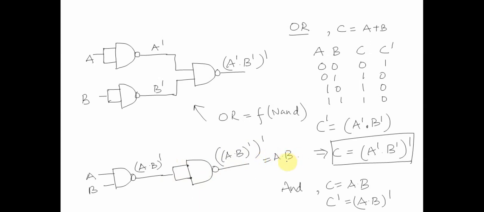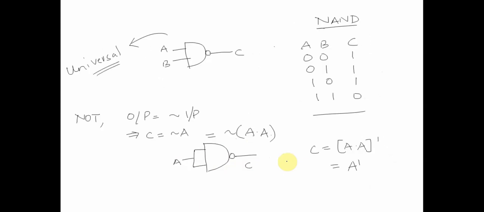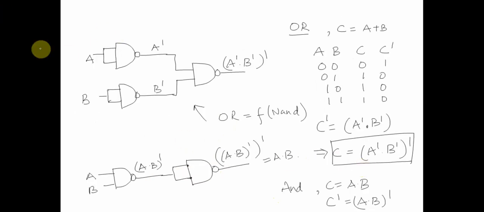Correct. So we looked at a NAND gate, and we realized three basic things from that. We derived a NOT gate using that NAND gate, where we supply the same input to both the inputs of a NAND gate, and we obtain C is equal to A bar. Then we said an OR gate can also be obtained using a NAND gate. Similarly, an AND gate could also be obtained using a NAND gate.